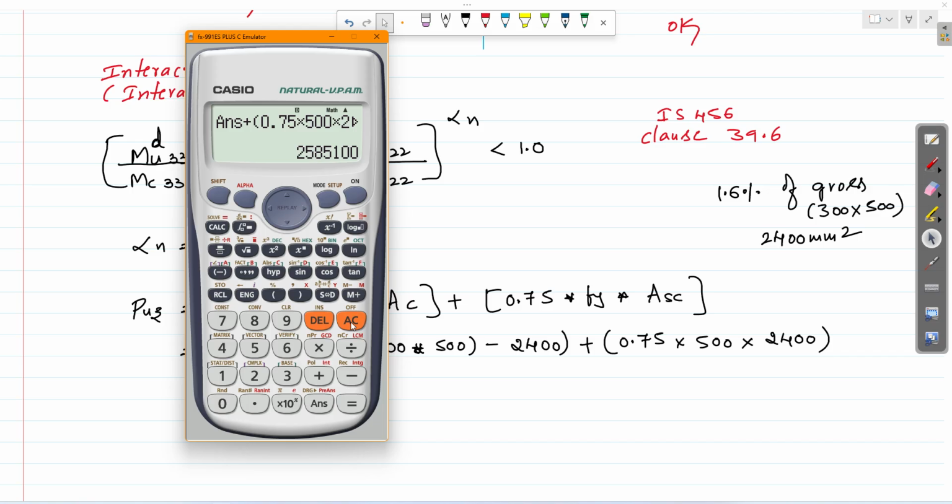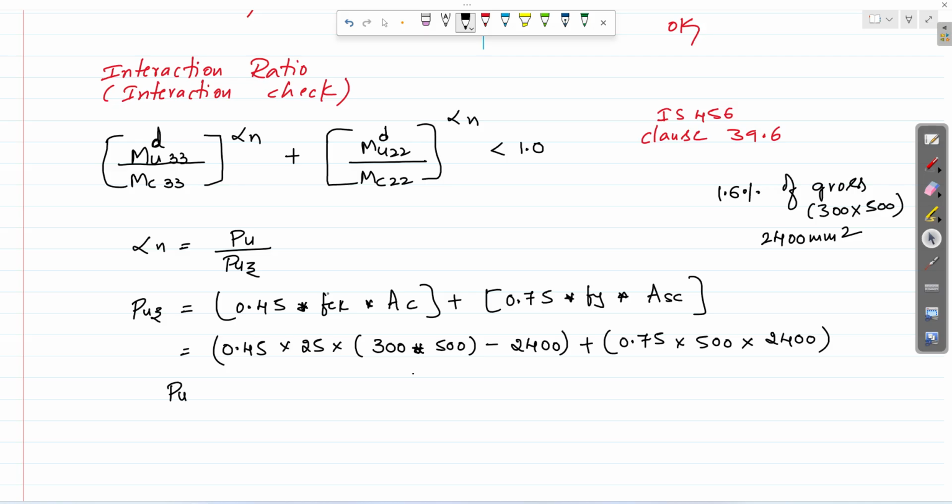This is in Newton. You divide this by 1000 to get it in kilonewton. So it is 2585.1. Your Puz will be 2585 kilonewton. Pu is 300 kilonewton.